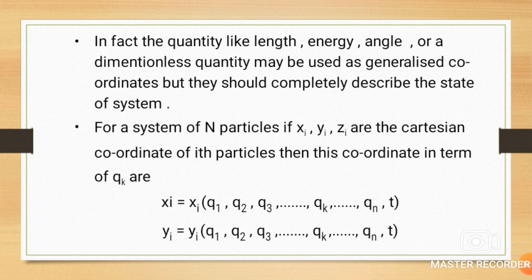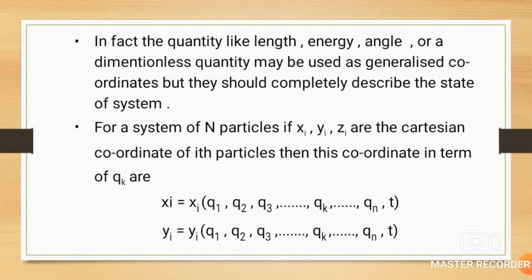Why the suffix i? Because we consider the ith particle, so it is easy for notation. These Cartesian coordinates are also expressible in the form of q_k, like xi equal to xi of q1, q2, q3 and so on up to qk, and up to qn, and time.